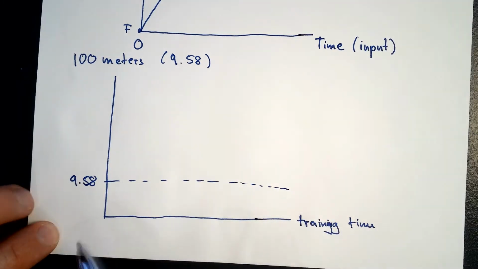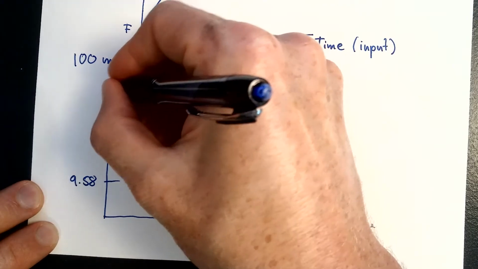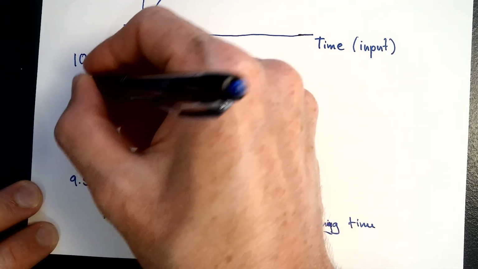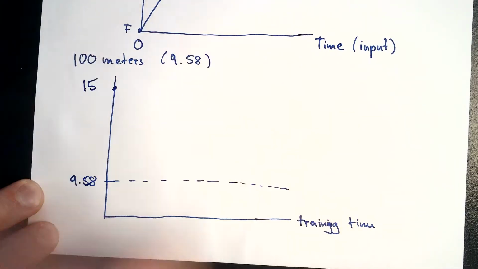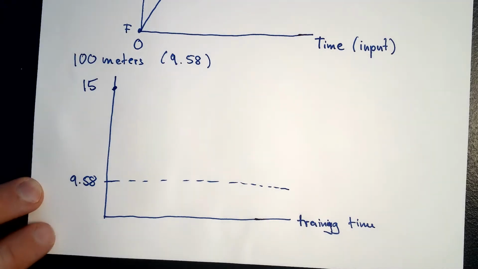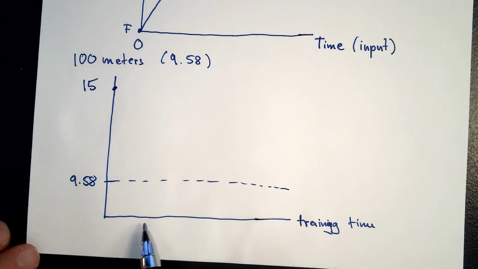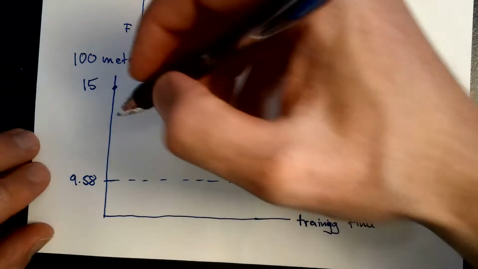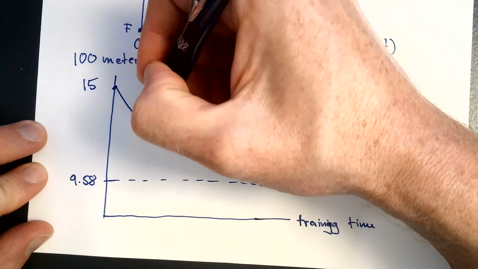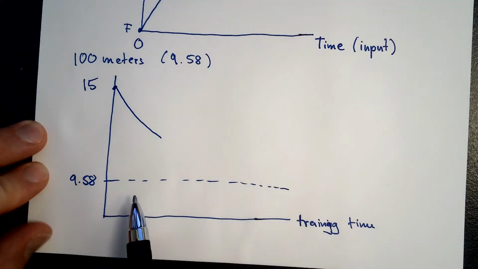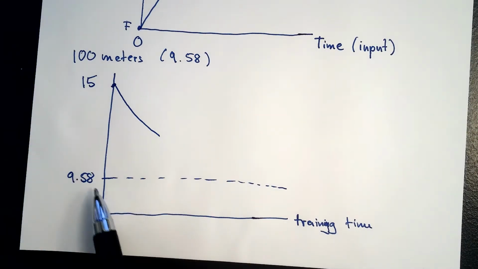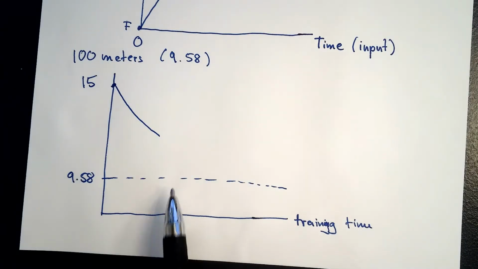Now suppose that we have the 9.58 seconds here, which is the current world record. And suppose that if you are untrained, it takes you, say, 15 seconds to run 100 meters. Now, if you're going to start training, then you're going to improve initially, and you're going to approach this world record.